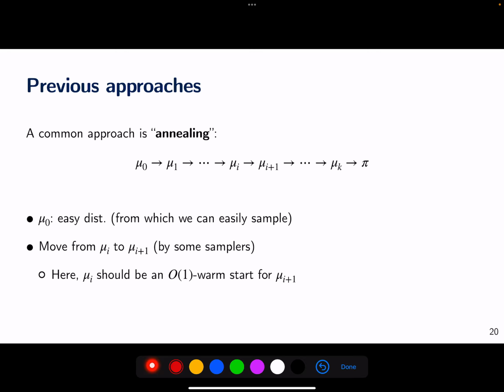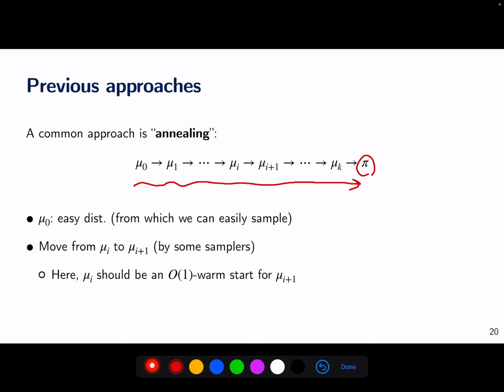And then the classical approach is the annealing approach. Annealing is just following some sequence of distributions, gradually moving along this annealing sequence toward your target distribution phi. There are some desirable things that you want to ensure when designing this annealing distribution.